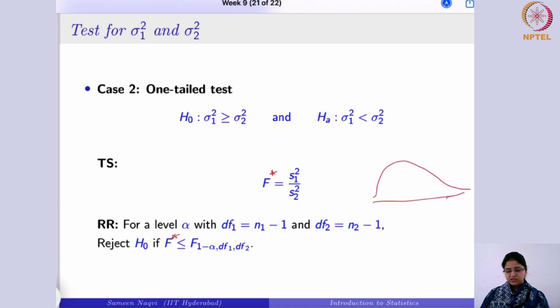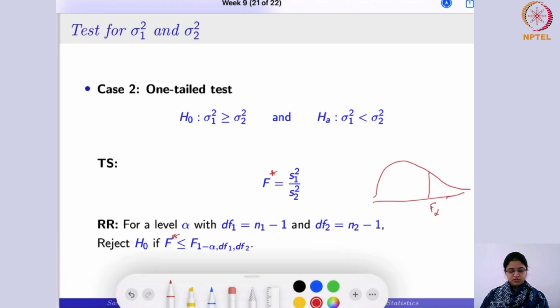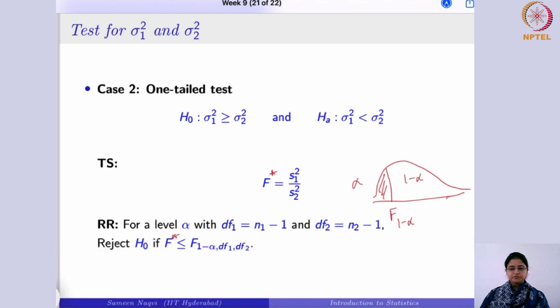So in the previous one you would have F alpha over here, and if you are considering this situation, it is somewhere here F 1 minus alpha. So this is your alpha and this is 1 minus alpha. So you are going to reject the null hypothesis if it is falling in this region.